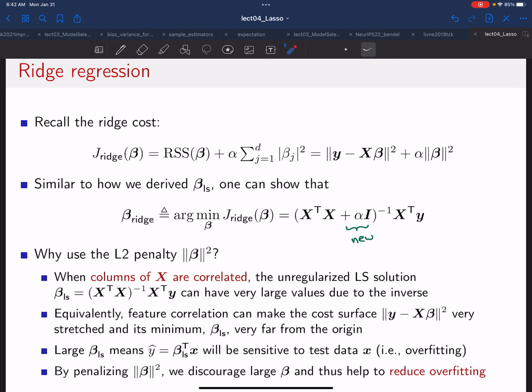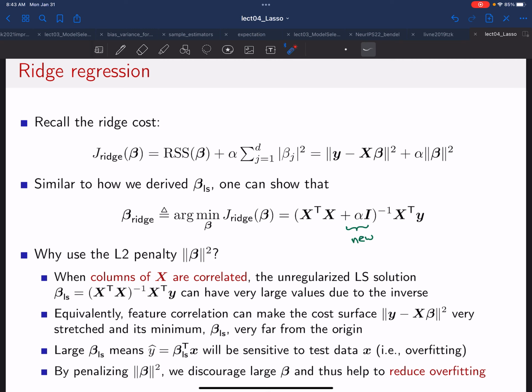And one interesting thing is that even if this matrix is non-invertible, once you add this scaled identity with alpha greater than 0, now this thing will be invertible no matter what. So for example, if you used your one-hot coding and it was redundant, it wouldn't matter. At this point, this would allow you to do the inverse. Okay, so this is the ridge regression.